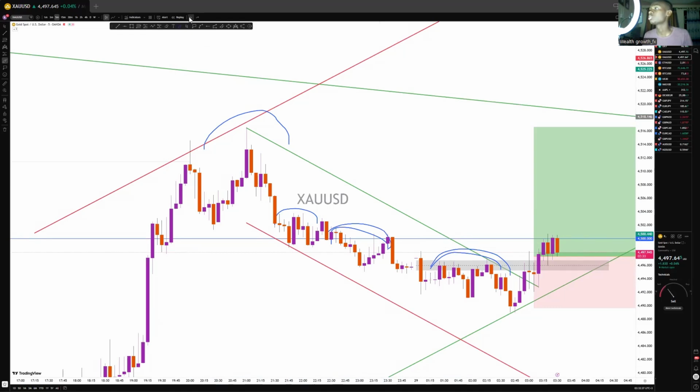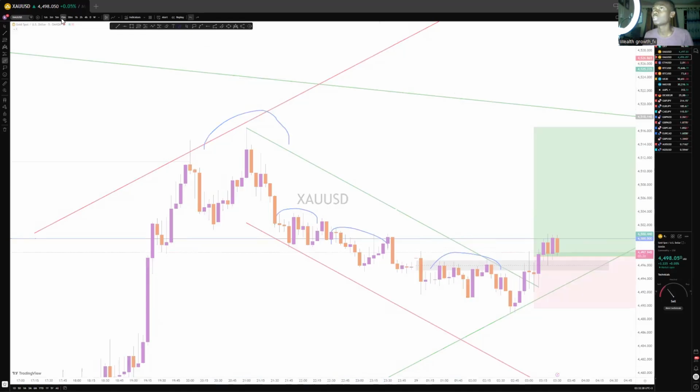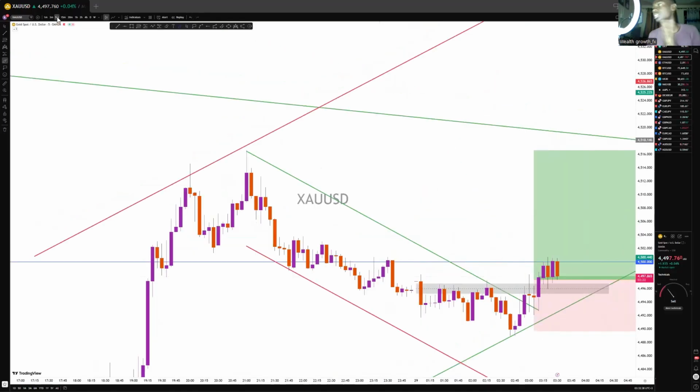Hizo zinaweza kuguide kujua market inaenda wapi to the next point. So you better go with the, maybe like, hapa tuko na sellers na tuko na buyers, but ni nini inakuwa supported? What is it being supported with a big percentage?